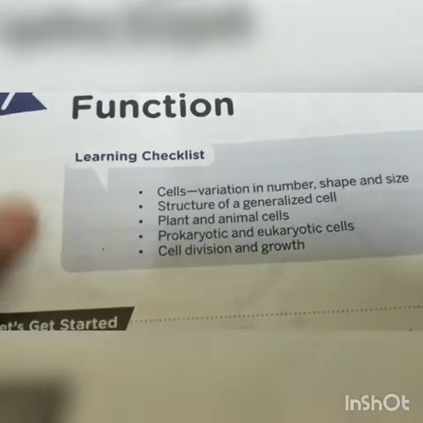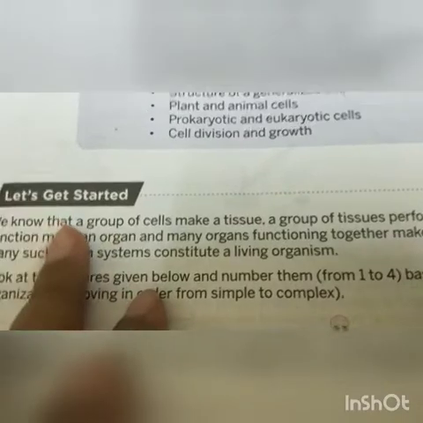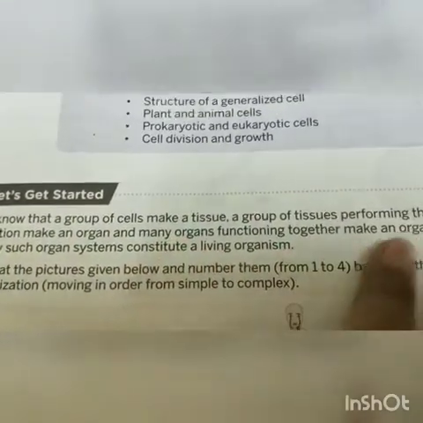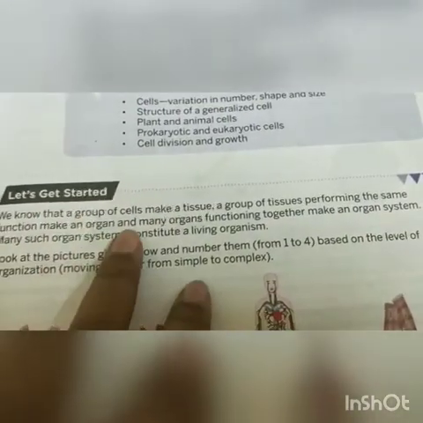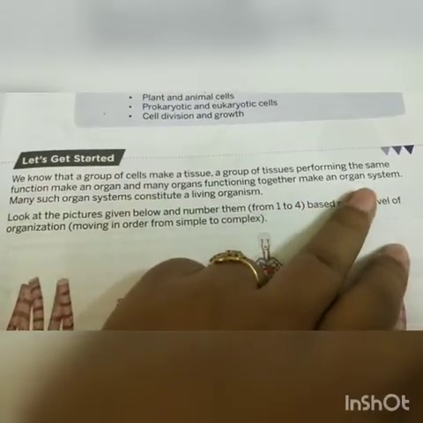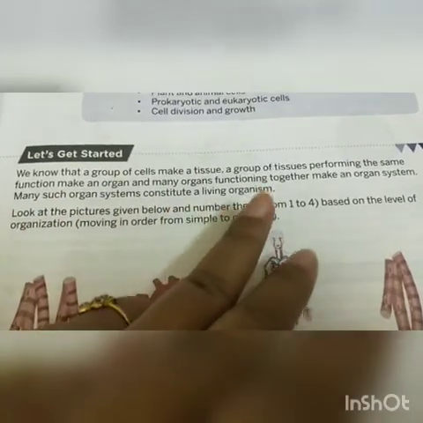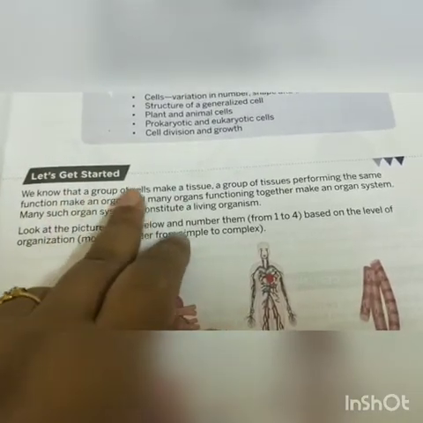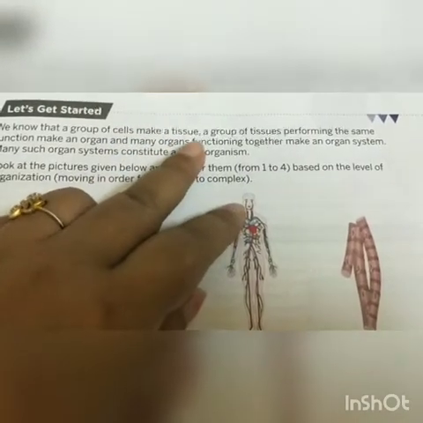Understood? Okay, let's start. We know that a group of cells make a tissue. A group of tissue performing the same function make an organ, and many organs functioning together make an organ system. Many such organ systems constitute a living organism. So, a group of cells make a tissue. Cell is the smallest unit of life. A group of cells make a tissue.